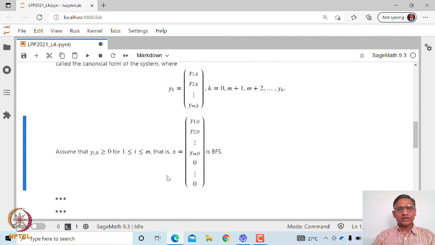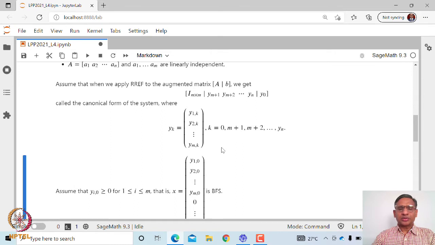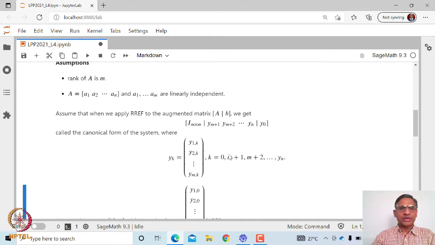Now in this case, let us assume that the last column, that is y0, has all non-negative components. In particular, the first m columns are linearly independent and they form a basis.